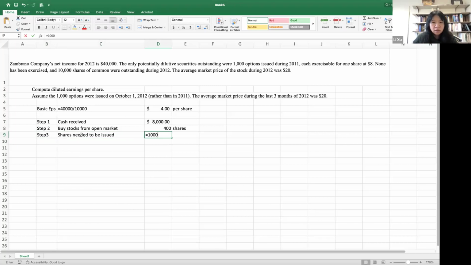Therefore, 1,000 minus 400. You need 1,000 shares, and you went to the open market and purchased 400. Therefore, you need to issue another 600 shares. That's all the information we need to calculate the diluted earnings per share.